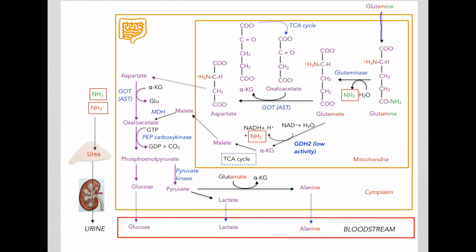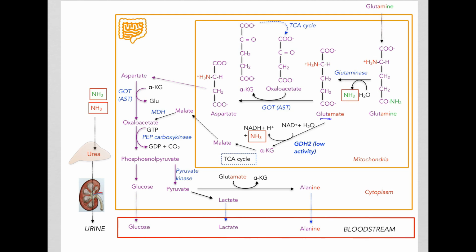Glutamine is transported into the enterocyte, that's the cell of the small intestine that carries out gluconeogenesis. The glutamine first undergoes a reaction that is catalyzed by glutaminase. So basically this amine group that is attached to the amide comes out as ammonia, and the glutamine gets converted to glutamic acid or glutamate.